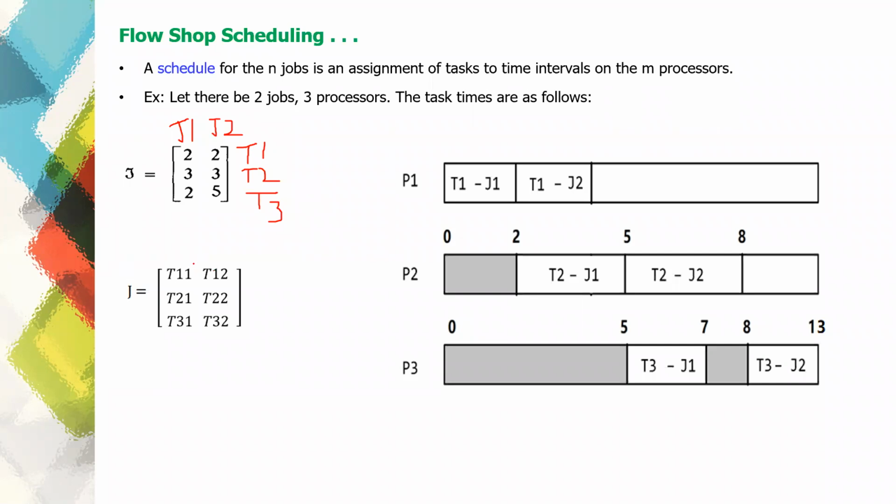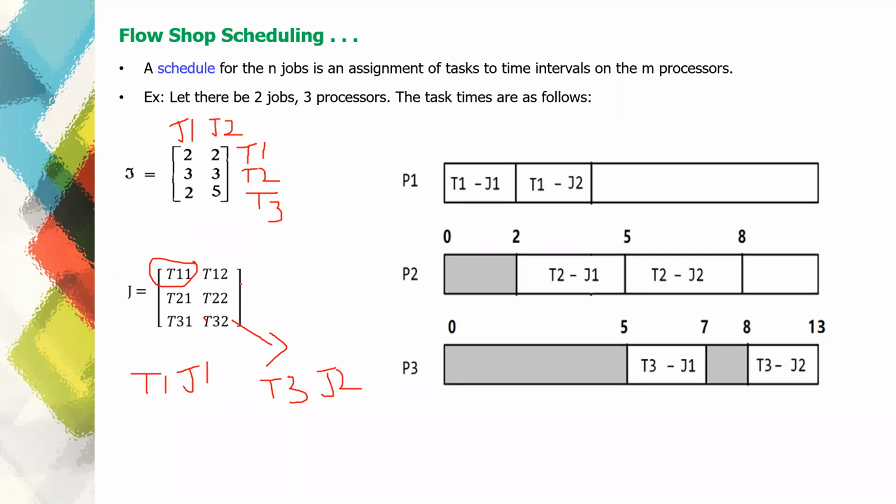If I'm writing this particular value, T11, that means it is task number 1, job number 1. And if it is, for example, T32, that is task number 3, job number 2. This is how you are going to interpret the information.